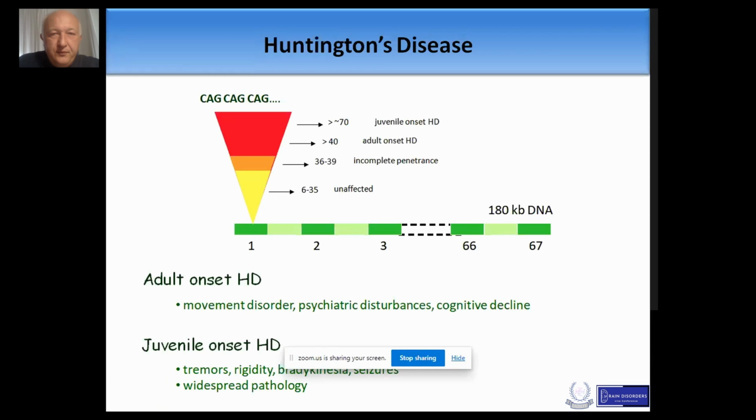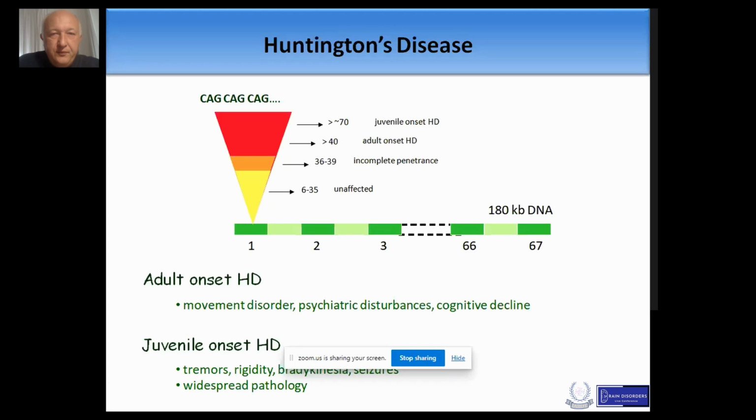Just briefly, as Daniel mentioned, Huntington disease is an inherited disorder caused by a CAG expansion, and all of us have CAG repeats, and we are unaffected when we have below 35.